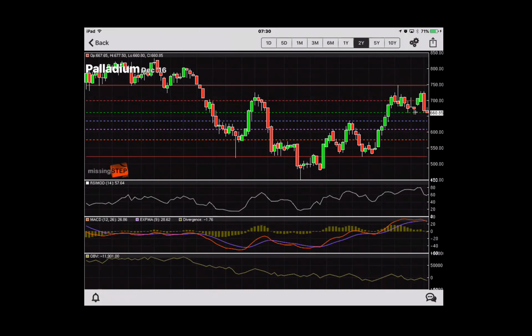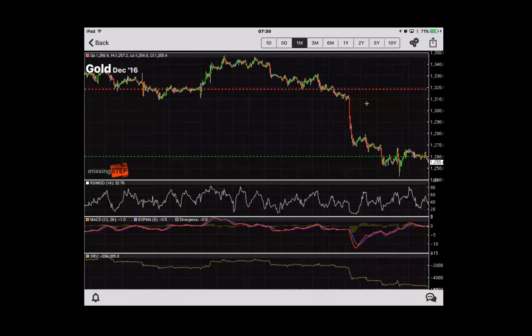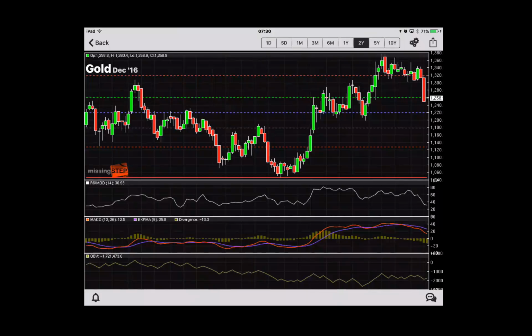Some of you have more than onesie twosies, and just basically walk it down. But platinum and palladium are thinner markets, and sometimes you don't have access on your platform to the options market.